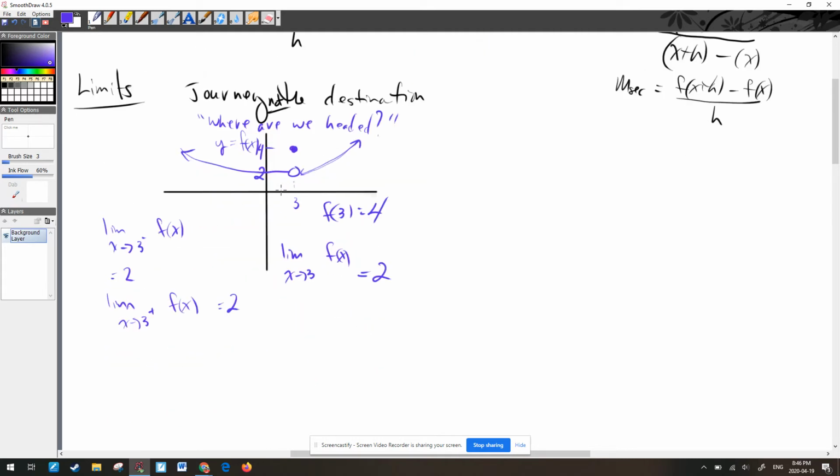And so continuity, we had a definition for continuity. We had a fancy definition for continuity.